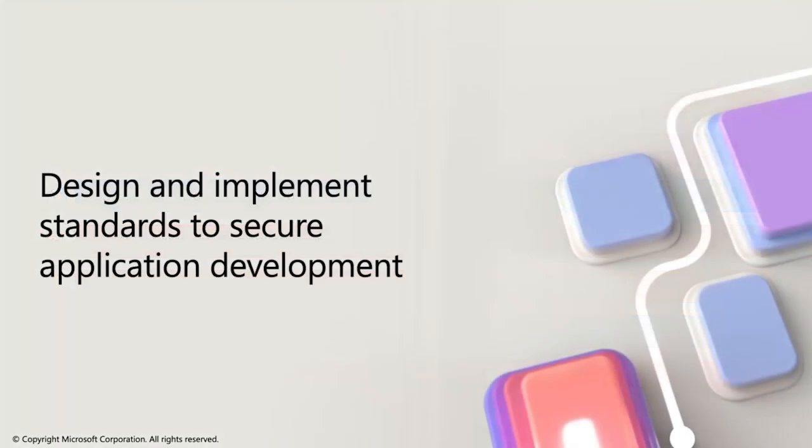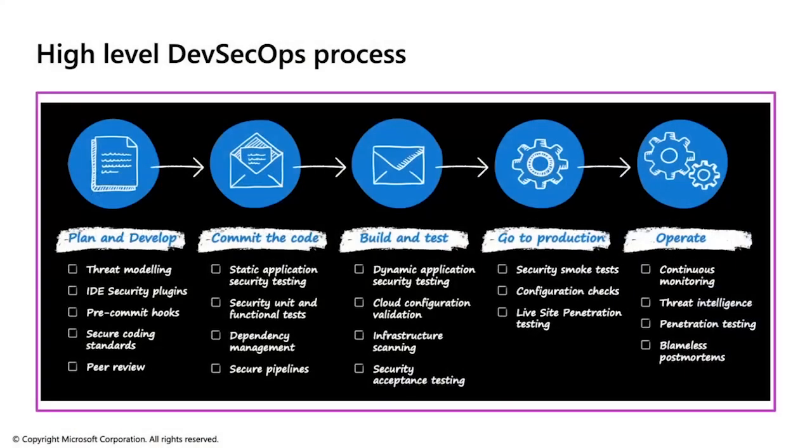So when we design and implement standards to secure application development, what do we have in a DevOps process? DevSecOps is a part of the DevOps process. In a development lifecycle, developers plan and develop, they commit the code, they go to the next stage, build and test, then go to production and then operate.